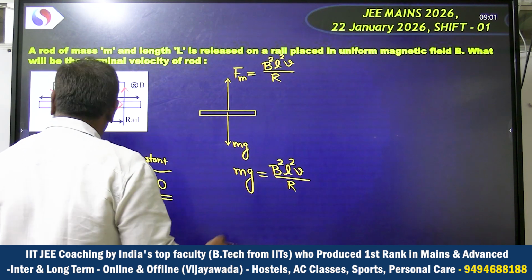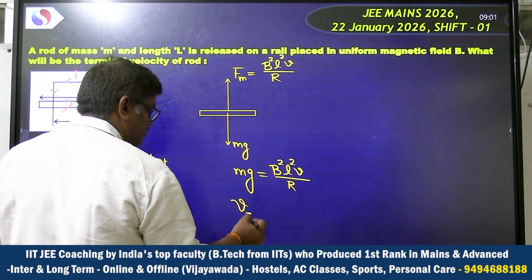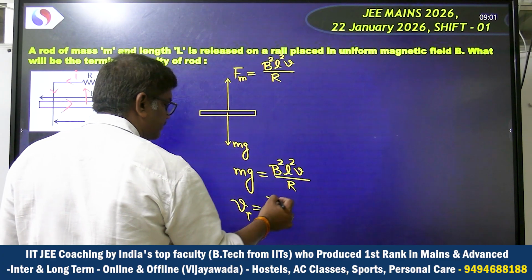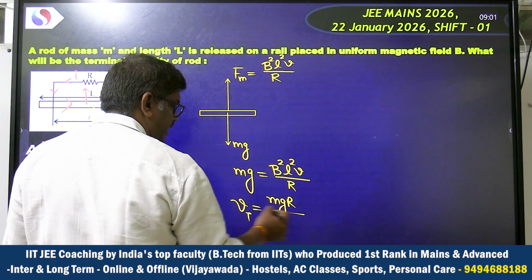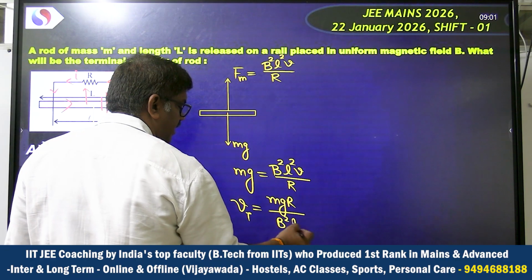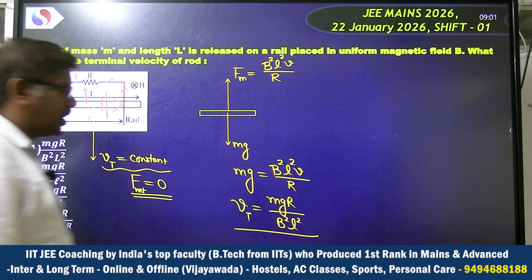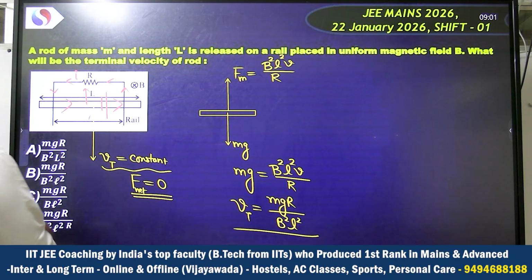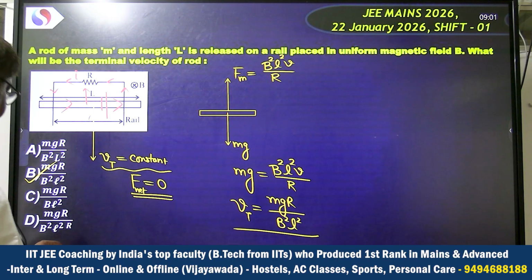What we have to find out is the terminal velocity, Vt. It gives you mgR divided by B square L square. That will be my correct answer. We are going with option B in this case.